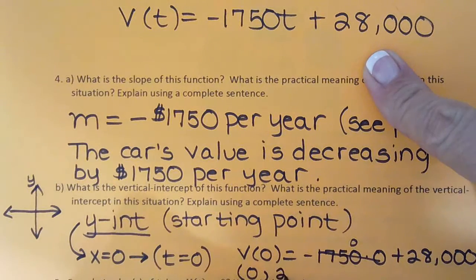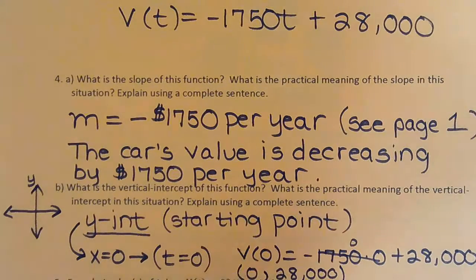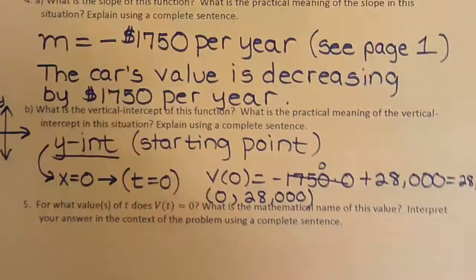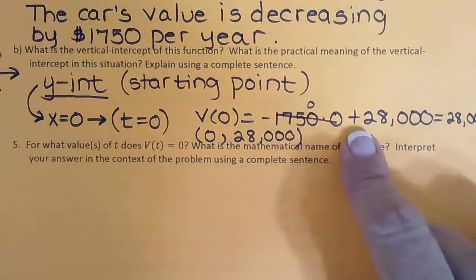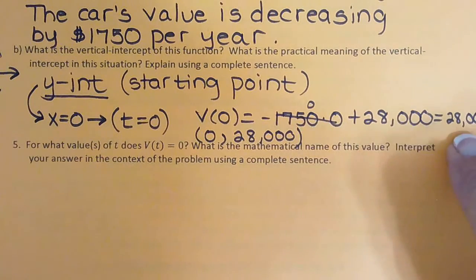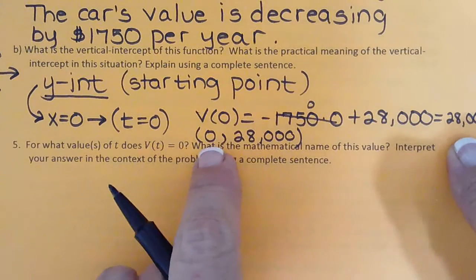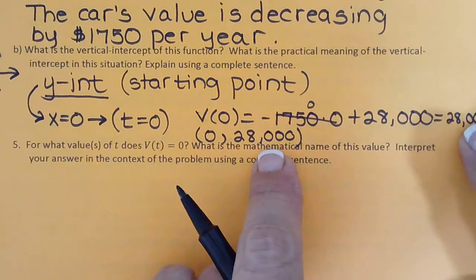There's my y. So when x is 0, let's write this out so you don't go, where'd she get 28,000? Negative 1750 times 0 was 0. 0 plus 28,000 is 28,000. So when x is 0, y is 28,000.